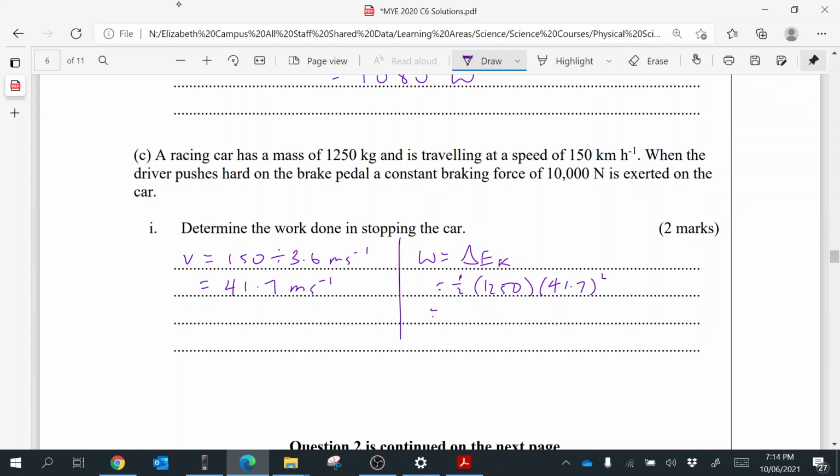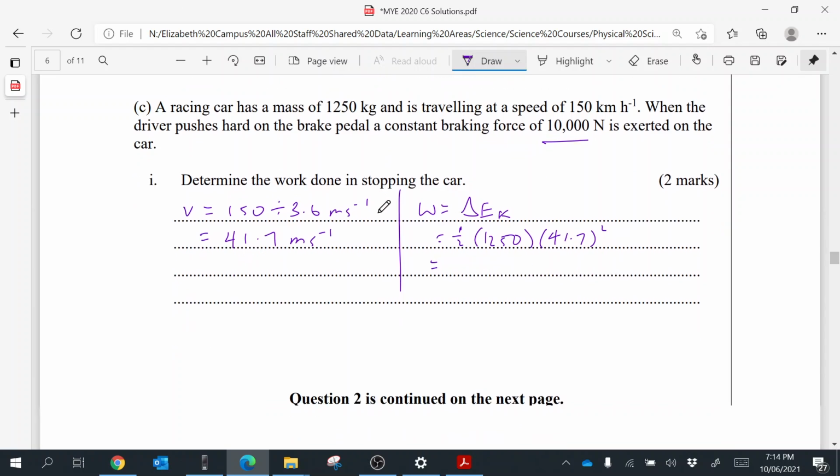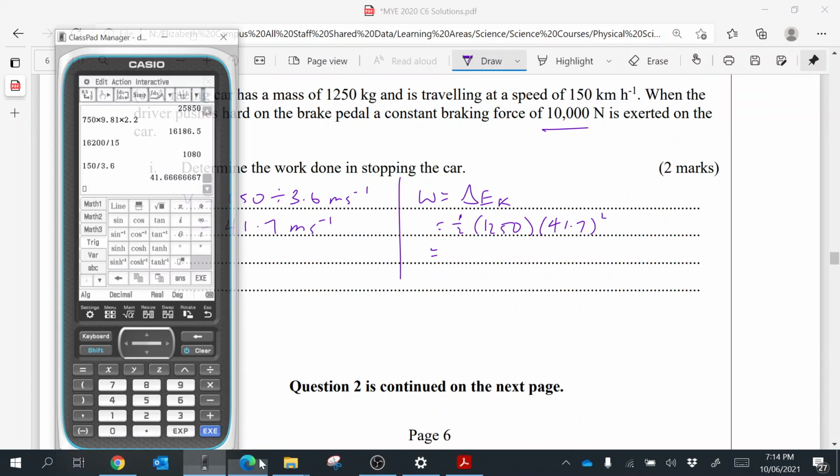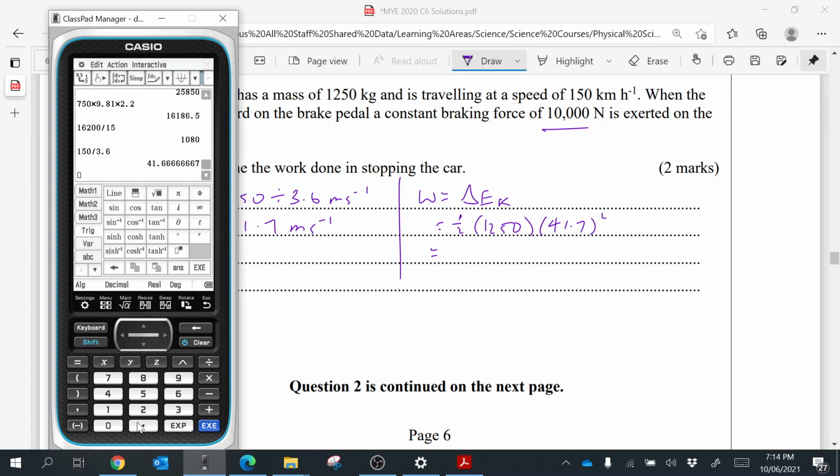Just had to pause there because I thought, oh, they've given us our force. But they haven't given us a distance. If they gave us a distance, we could have done work equals Fs, but they haven't. So this is this way. We'll probably have to use it in the next one. It's continued over the next page. I'm probably jumping the gun here, aren't I? Okay, let's just calculate this first. So 0.5 times 1250 times 41.7 squared.